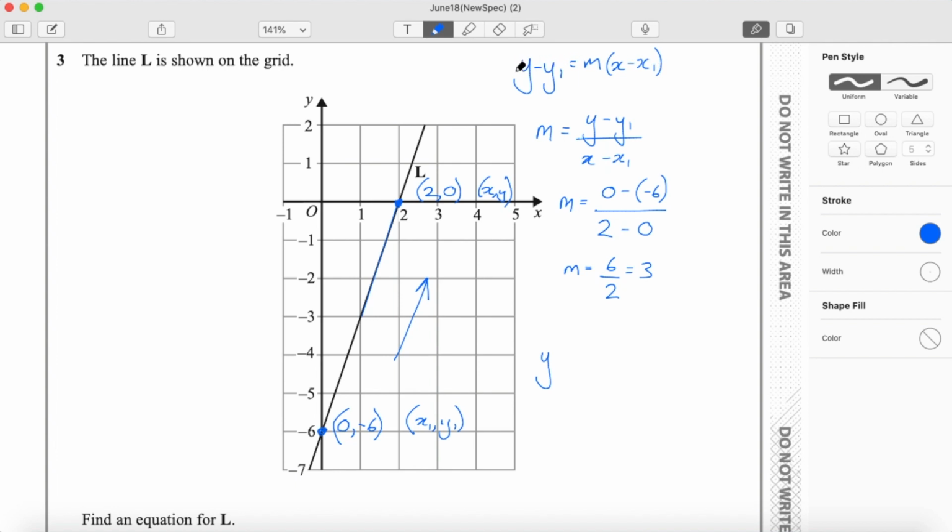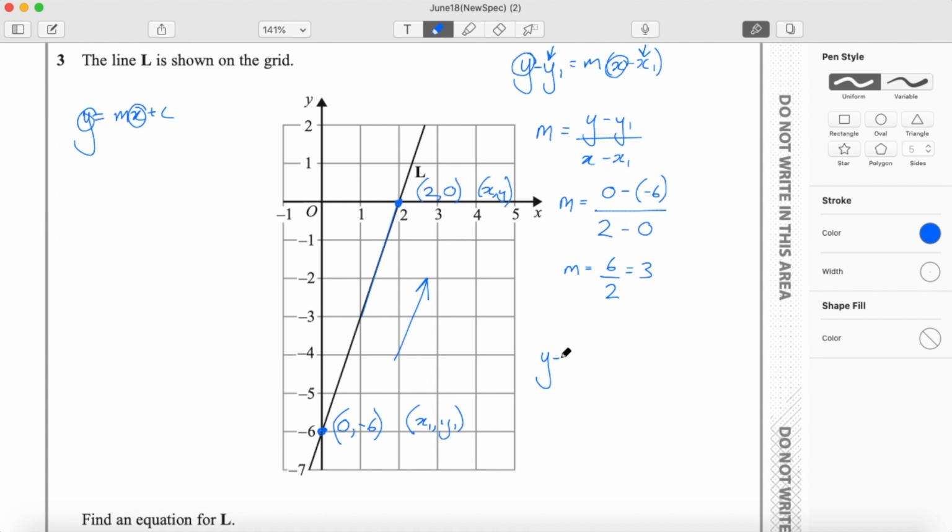This y without 1 and this x without 1 is actually going to stay there, because we want the equation, remember, in the form y equals mx plus c. So we actually want an x to stay and a y to stay. So all we want is any point along the straight line. So we'll choose this point, as I said, because this is positive.